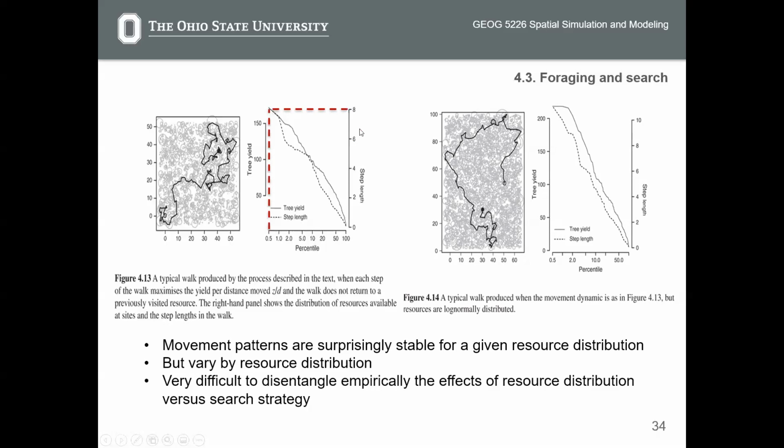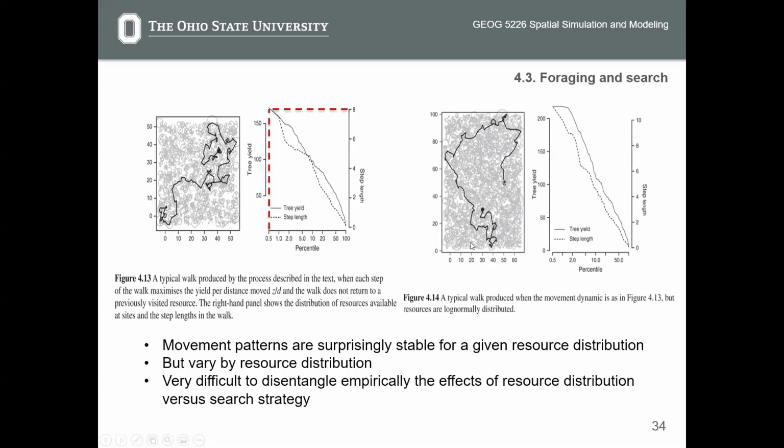But if we change the resource distribution, for example, on the right side, everything stays the same as the left side, but the simulation changed a little bit in terms of the distribution of resources on each tree.